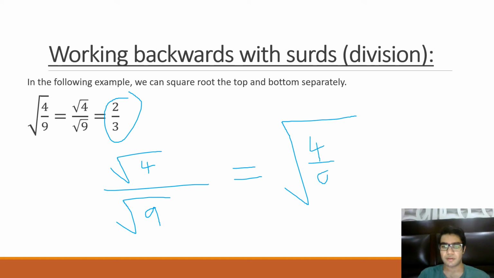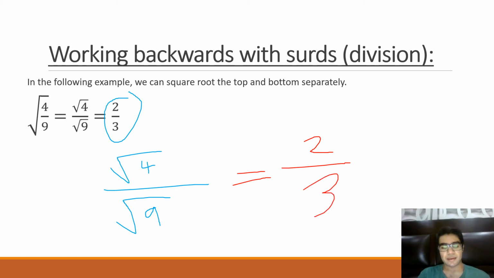However, we are not doing it this way, because both of these are perfect squares. Square root of 4 is a perfect square, so it would be 2. We have the direct answer. And square root of 9 is 3, so we have a direct answer.